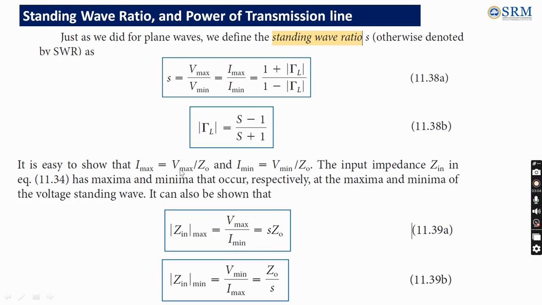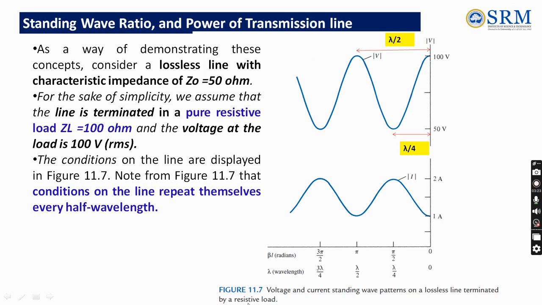Relating these two expressions, the maximum is VSWR multiplied by the characteristic impedance. The minimum value of input impedance is the characteristic impedance divided by VSWR, which is equal to V min by I max.